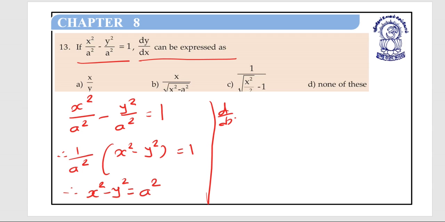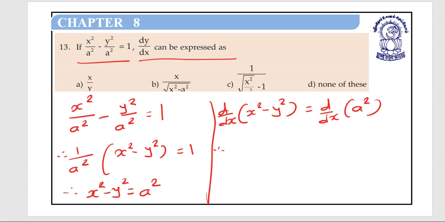So d by dx of x square minus y square is equal to d by dx of a square.